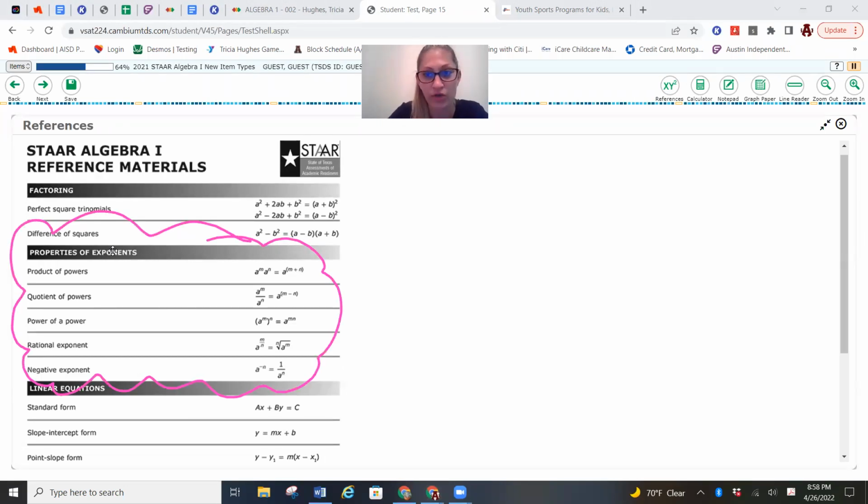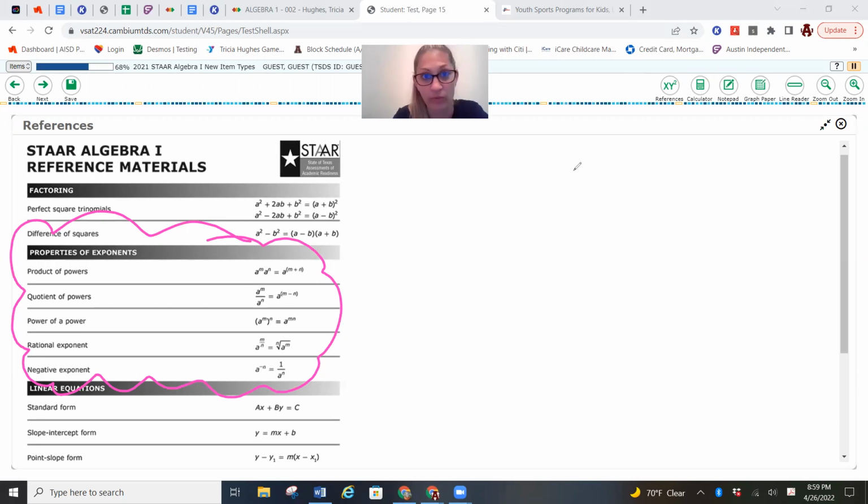It will be on your reference chart right here. We have the product where it's multiplication, you add exponents. We have the quotient where it's division, you subtract exponents.